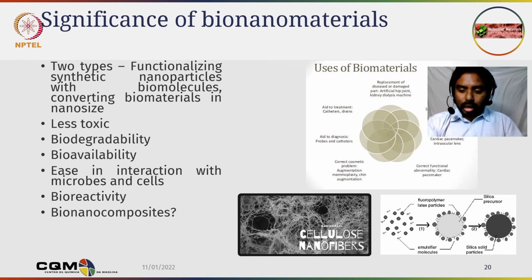There are two types of bionanomaterials. The first one is functionalizing synthetic nanomaterials. You have synthetic nanomaterials made by physical or chemical methods, and you functionalize them by attaching certain biomolecules on their surface.